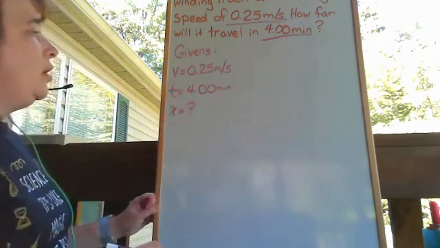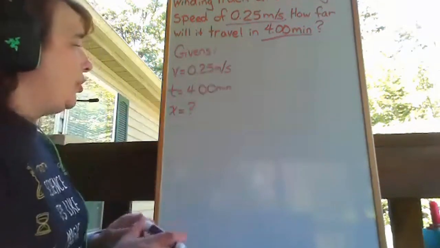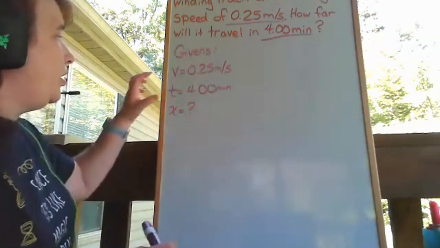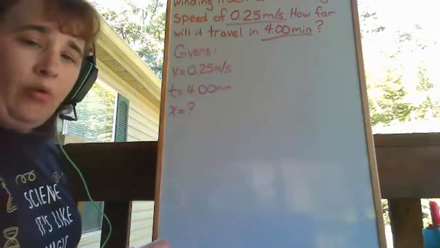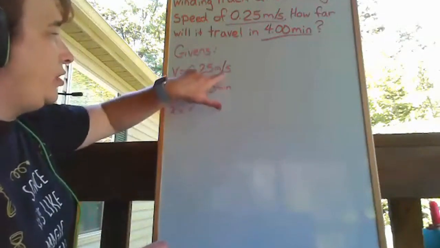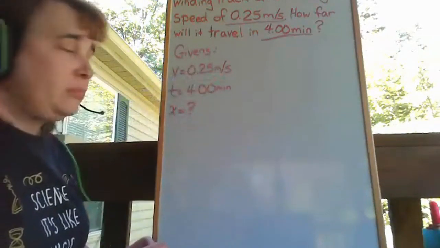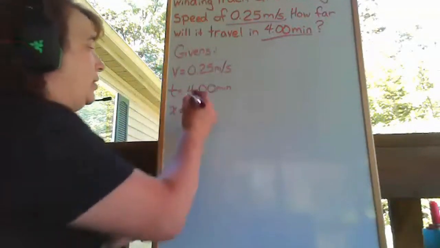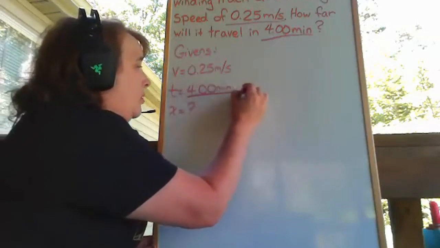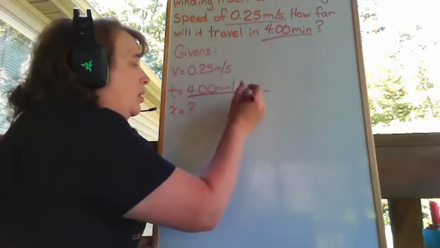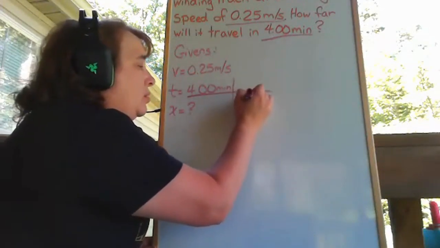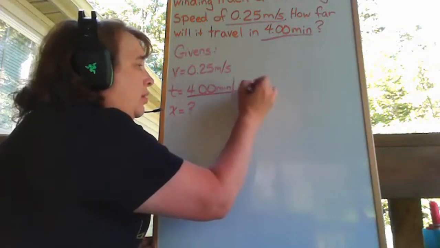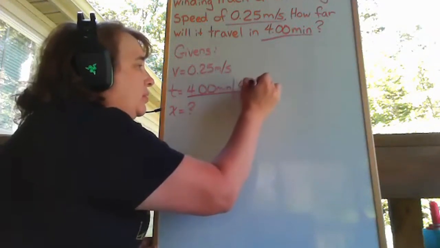Okay. All right, so the first thing that we should notice is that we need units to be able to cancel out. And so we have minutes here and we have seconds here. So we need to convert this to seconds. All right, so in 1 minute, there are 60 seconds.